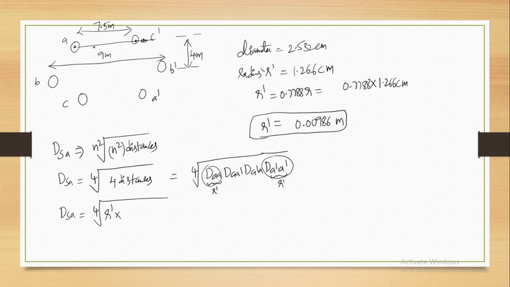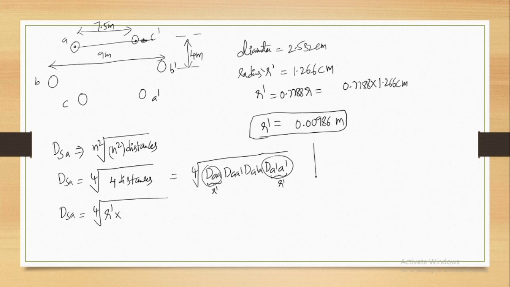So the distance between A to A dash is the root of 7.5 square plus 8 square. Similarly, you also get the C to C dash distance. This distance is 7.5 and this distance is 8, so it will be the root of 7.5 square plus 8 square.